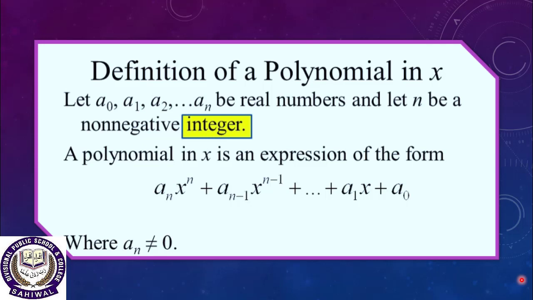Then the polynomial is defined or expressed in the form an x raised to power n plus an minus 1 x raised to power n minus 1 plus so on plus a1x plus a0, where an should not be equal to 0, as an is the leading coefficient. A polynomial is usually expressed in the descending order of the exponents of the variable.